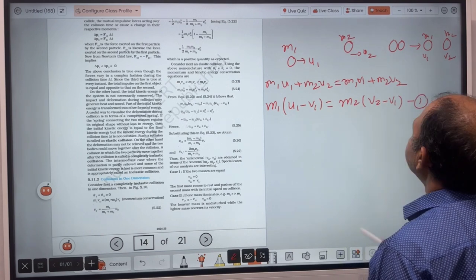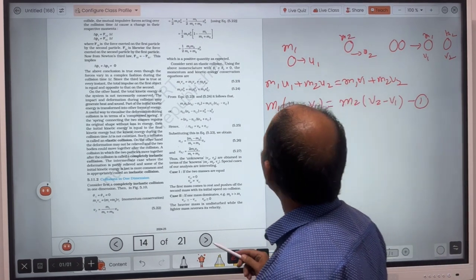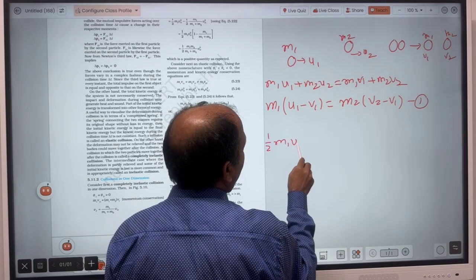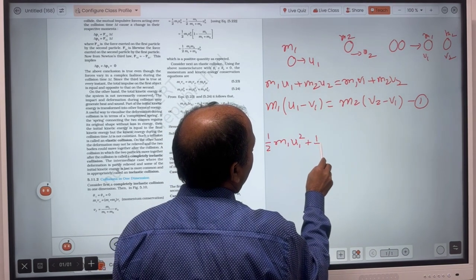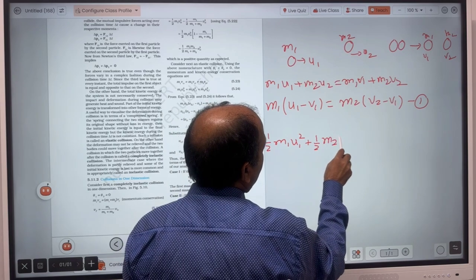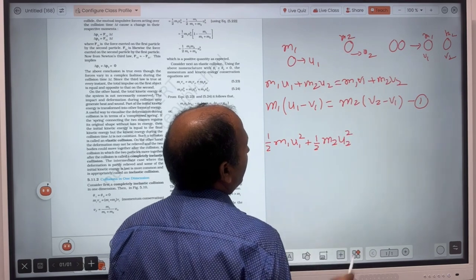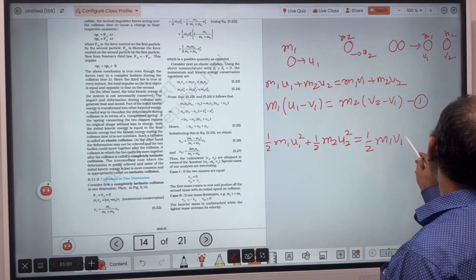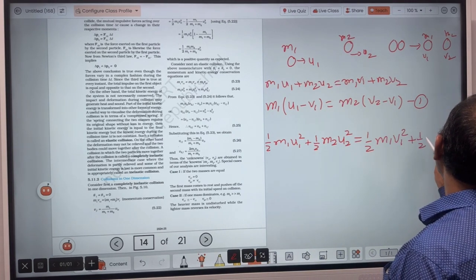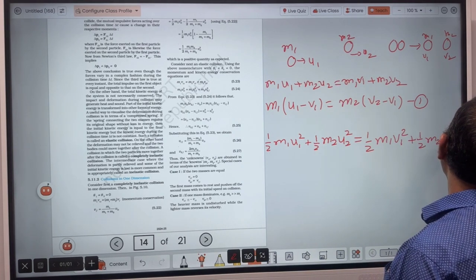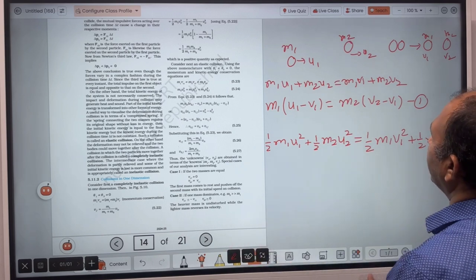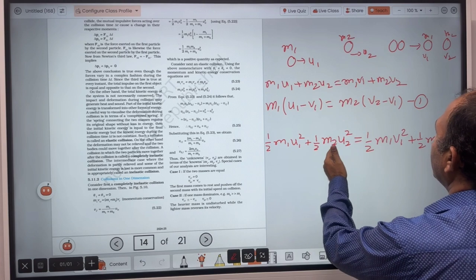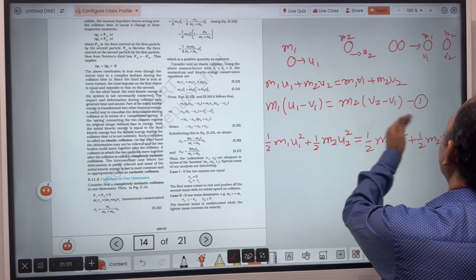This is equation number 1. And we consider kinetic energy. So 1 by 2 m1 u1 square plus 1 by 2 m2 u2 square is equal to 1 by 2 m1 v1 square plus 1 by 2 m2 v2 square. Now multiply each term by 2 and then shift m1 v1 square to the LHS and m2 u2 square to the RHS.